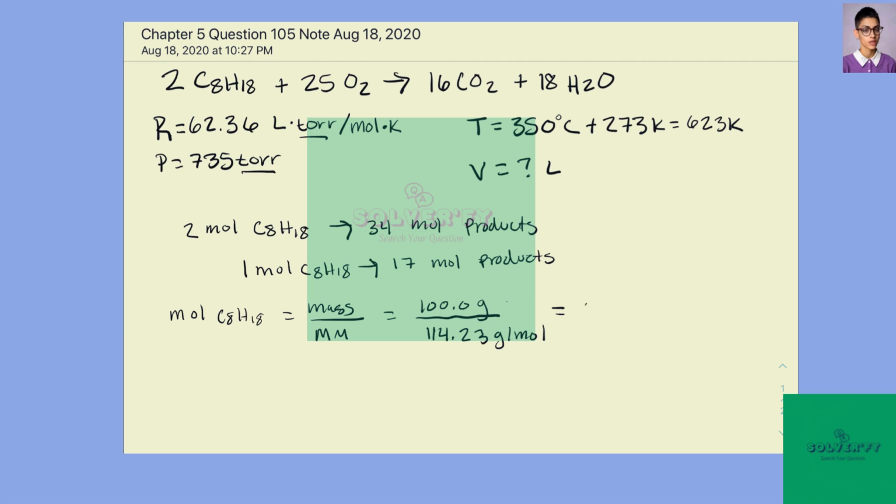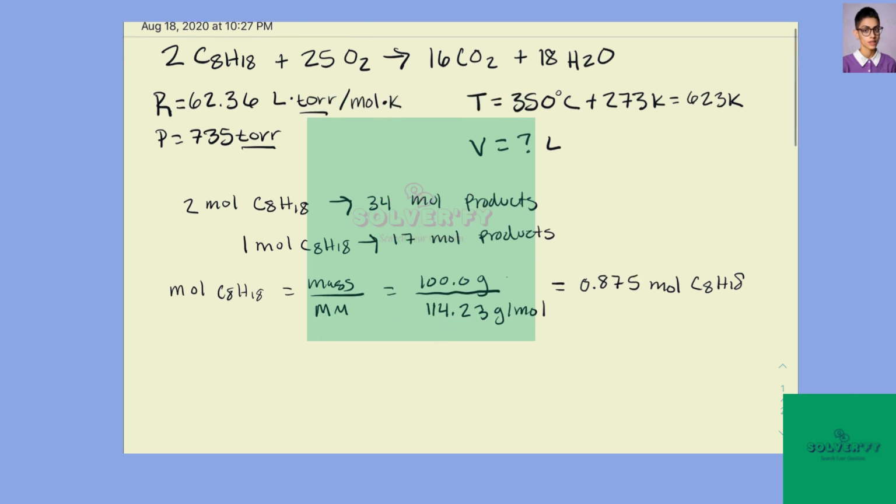So we have 0.875 moles of octane. Alright, but remember, for every 1 mole of octane, we have 17 moles of products. So we're going to take 0.875 moles, and we're going to times this by 17. When we calculate this out, it's going to be 14.88 moles of our gaseous products.